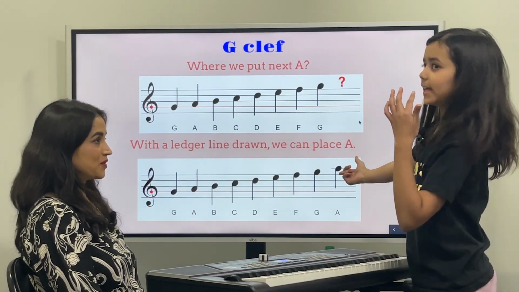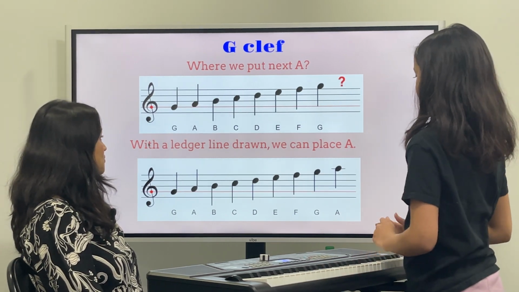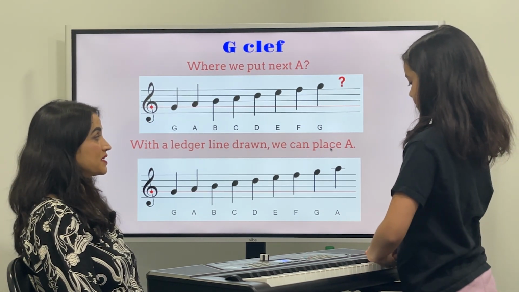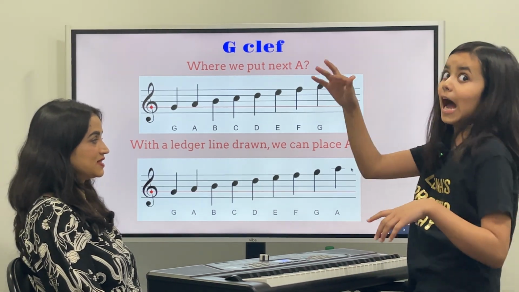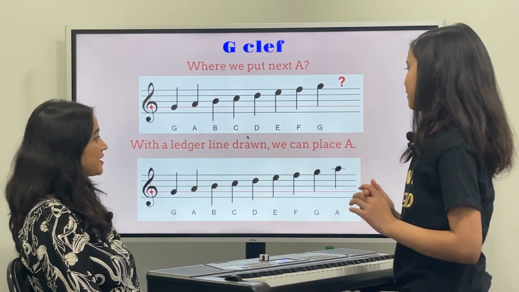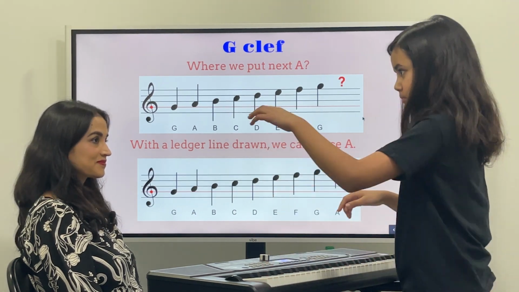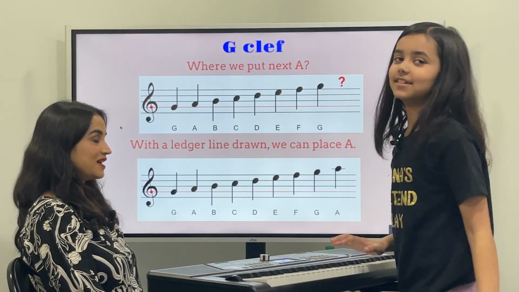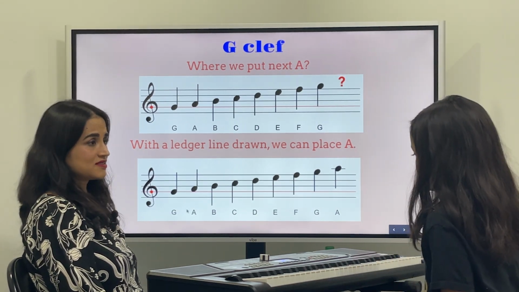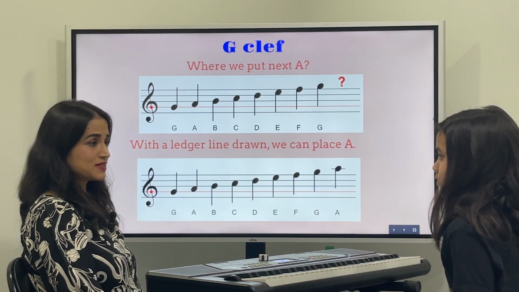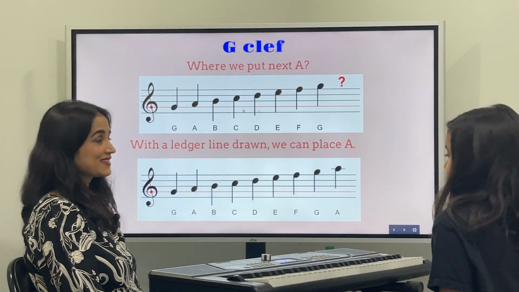With a ledger line drawn, we can place A. Sometimes it could go higher, with this line we call the ledger line, and it could go way higher than that. It's interesting how each and every key has its own symbols.